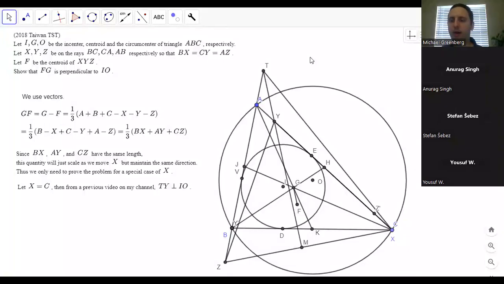So these three are equal in length, but with a different direction. But if you just move X along BC, then all three of them are scaling by the same factor. So the direction is going to be the same and the length is just going to scale.